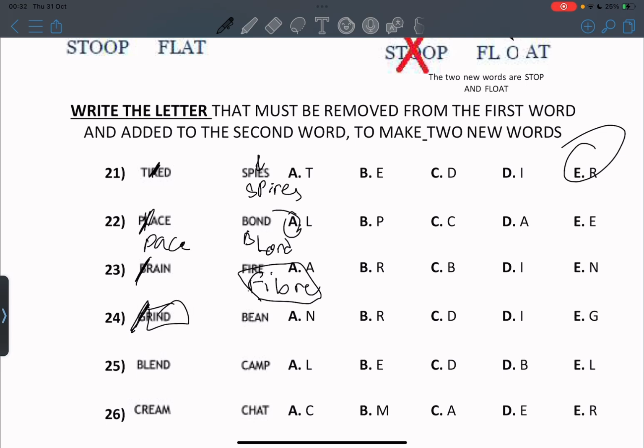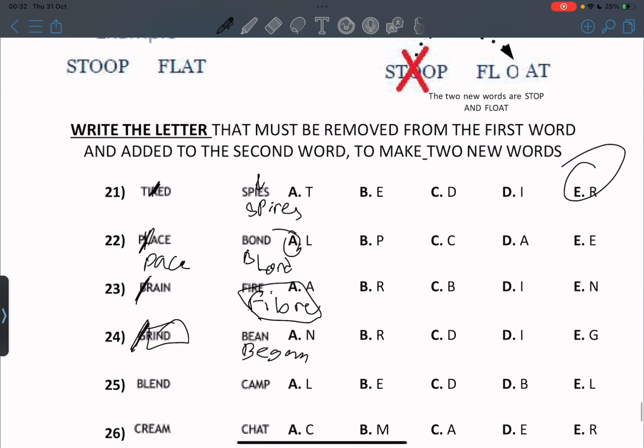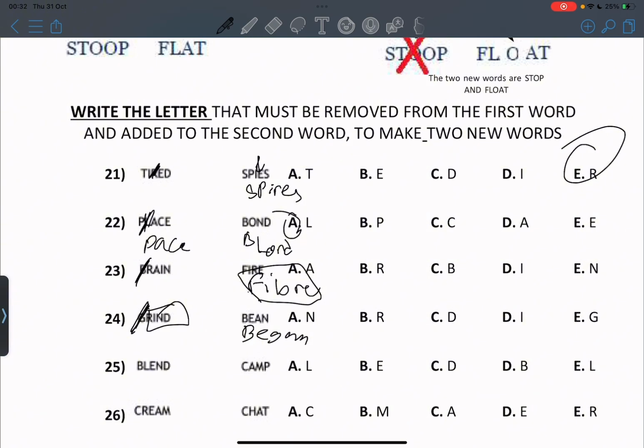And if you put the G into here, you'll get began. Now, what does rind mean? It seems to mean the tough outer skin of certain fruit. So that's a tough one.